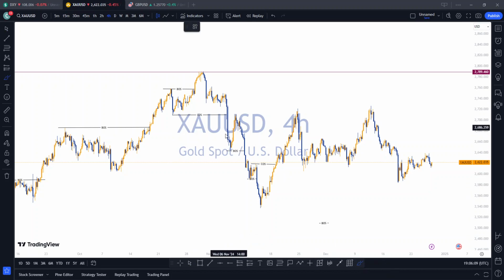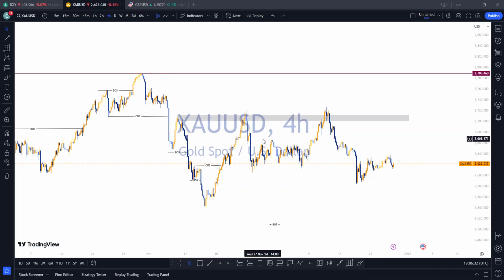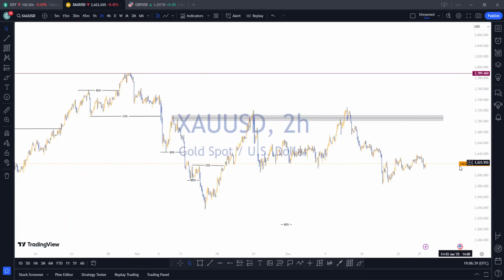This retracement right here kind of invalidates a good order block for us to see. Yeah, we pushed up a little bit for that, but that validated the order block to react around that area right there. Let's go to a smaller time frame and see what the market is doing.